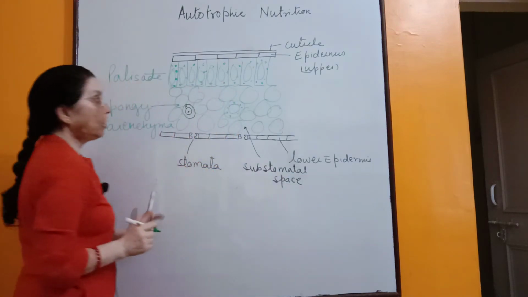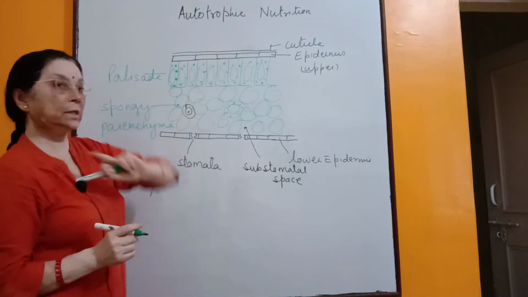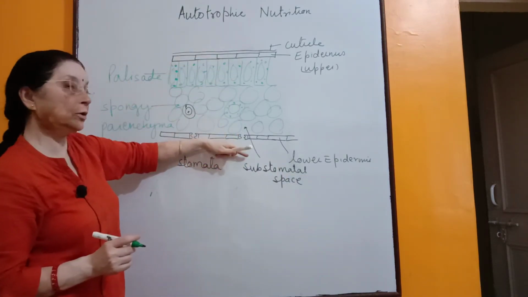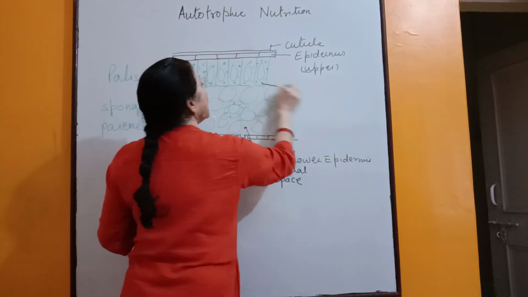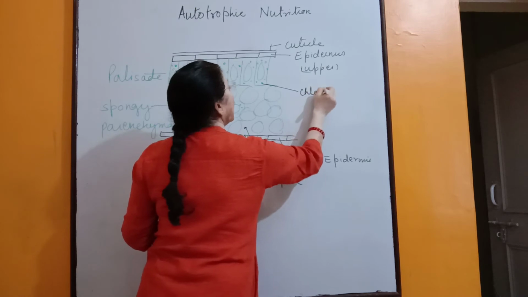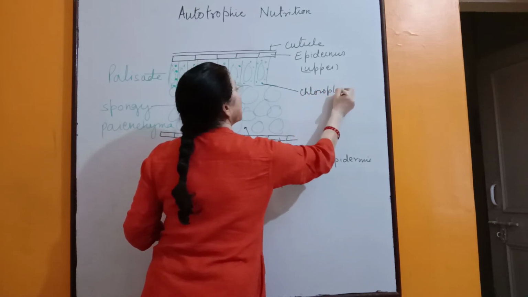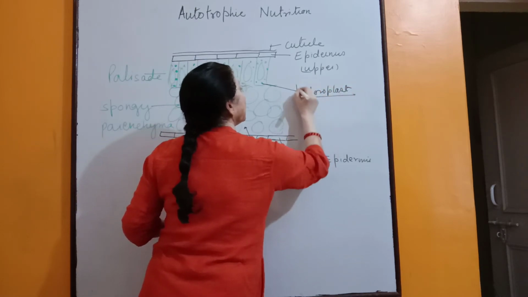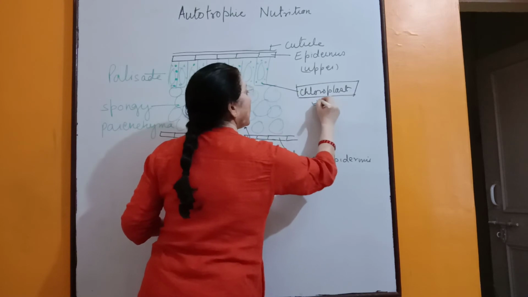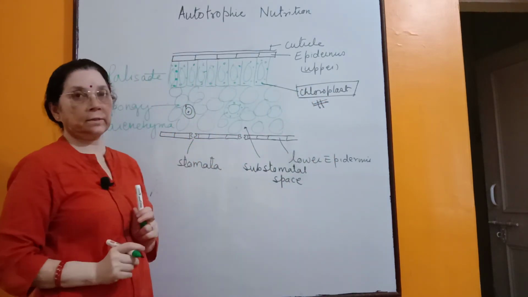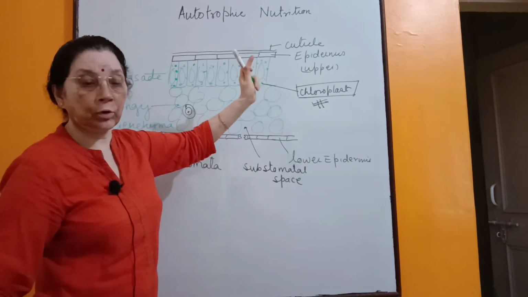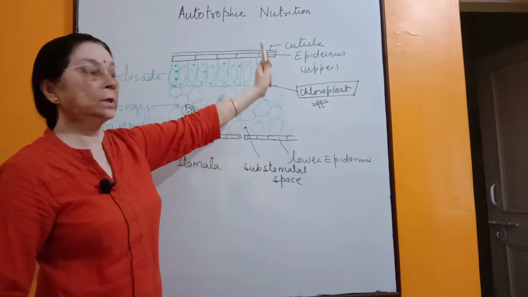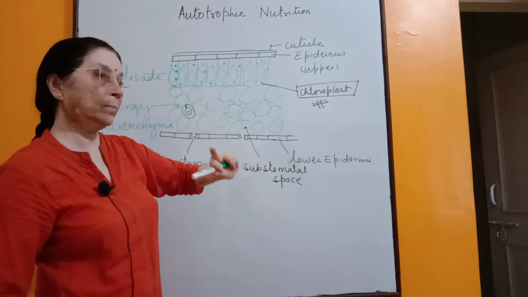Now, where does photosynthesis occur? This is the green part of the plant, the leaf. Photosynthesis occurs in the chloroplast. The chloroplast is the site of photosynthesis. Now, how is photosynthesis performed in the chloroplast?